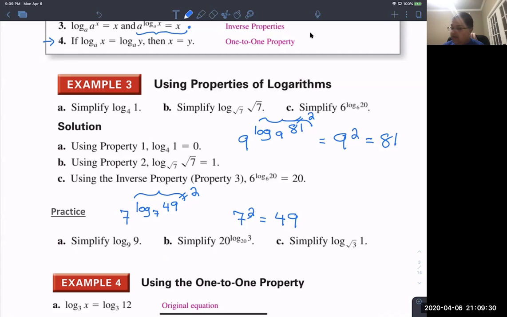So what does that mean? That means a to the log base a of x is just x. They undo one another. These are inverse properties.